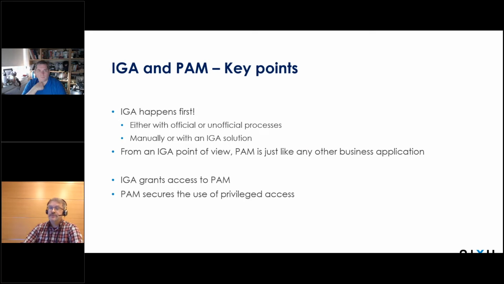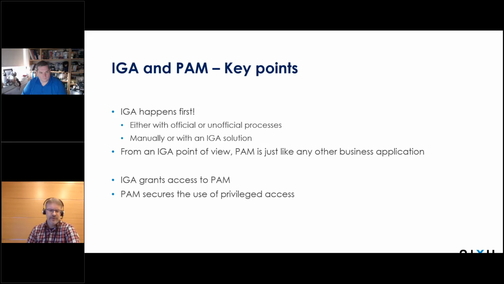So to summarize key points about the definitions, IGA happens first. It's all about the identity lifecycle, and every organization has this. Whether it's official or unofficial processes, or whether it's done manually or with an automated or semi-automated IGA solution, you all have it.